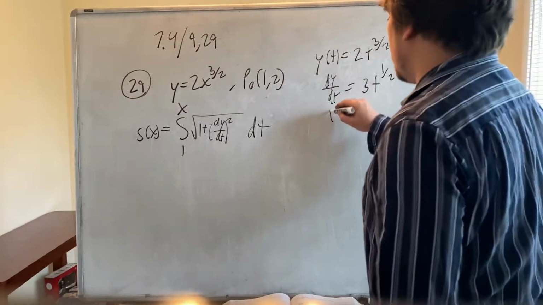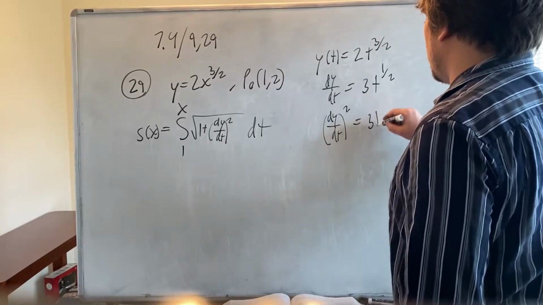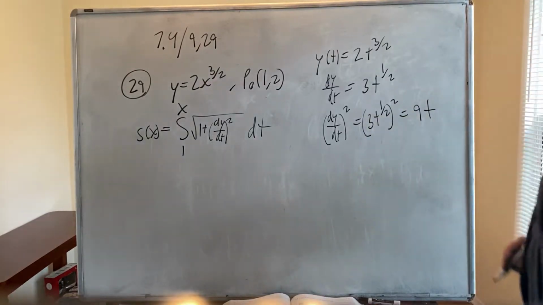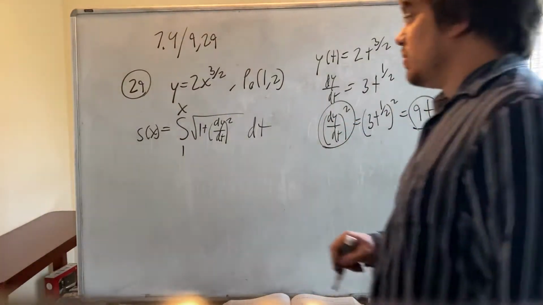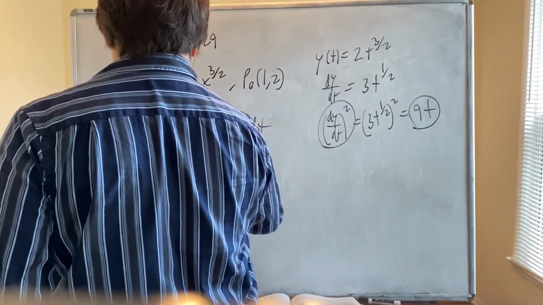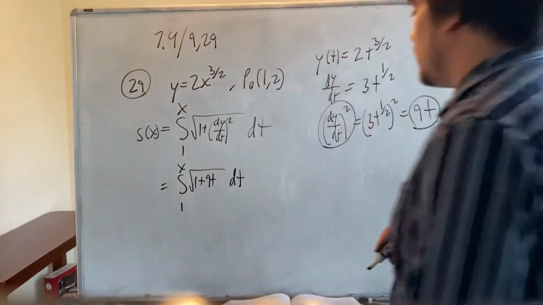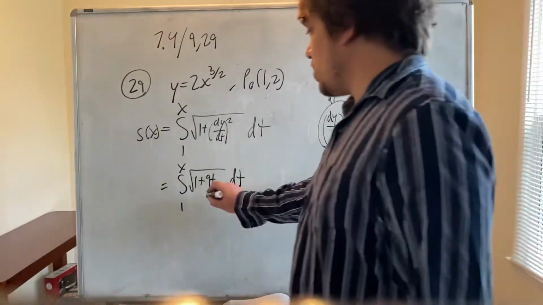And then dy dt squared is 3t to the 1/2 squared, and that's 9t. So this is equal to the definite integral from 1 to x of the square root of 1 plus 9t dt. And now for this, you need to use U substitution like I mentioned last problem.